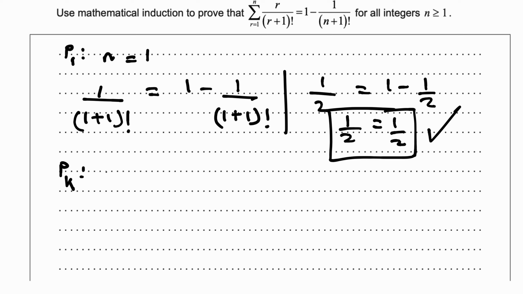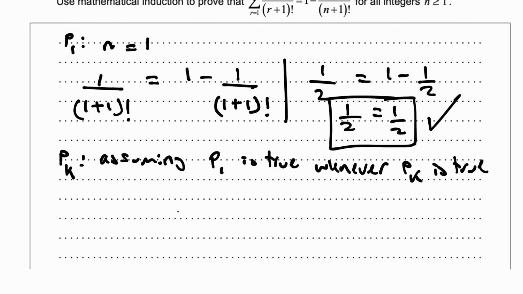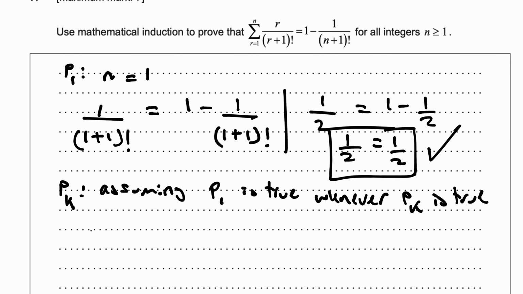So then we go to our P(k). So as P(1) is true, we simply say assuming P(1) is true, whenever P(k) is true. This is our second case. We are assuming that P(k) is true whenever P(1) is true. So we can put our second step to the mathematical induction where we substitute k for n. So let's do that.